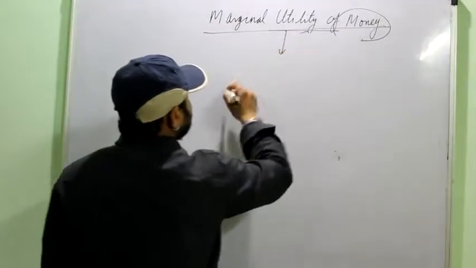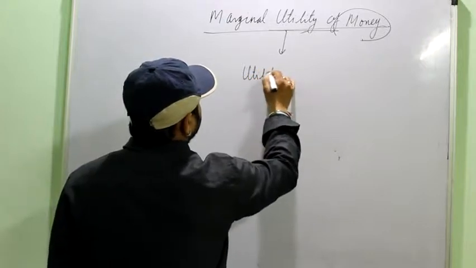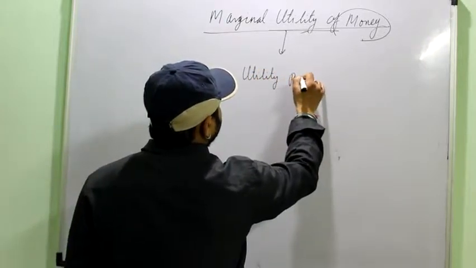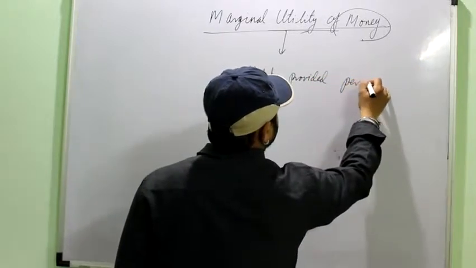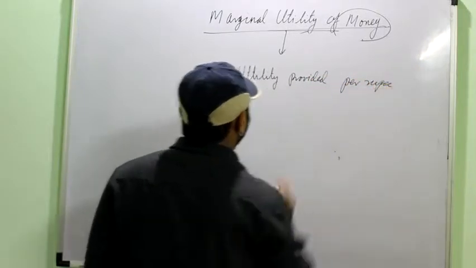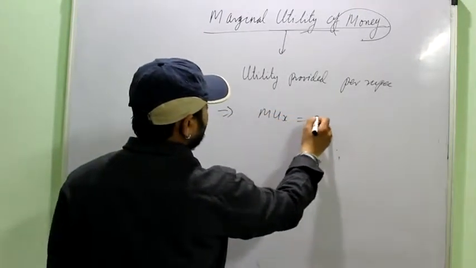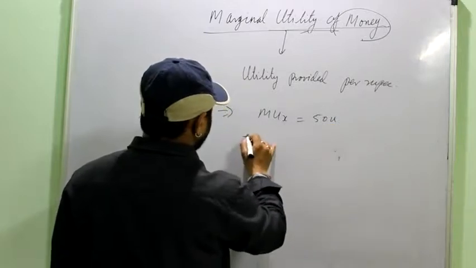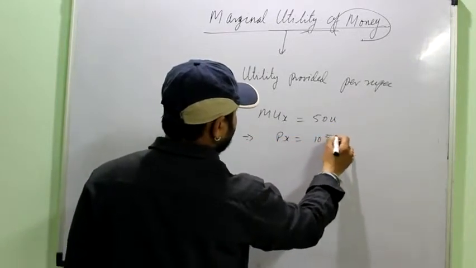It resembles the utility provided by per rupee. For example, say the marginal utility of a commodity is 50 utils, and the price of that particular commodity is 10 rupees.